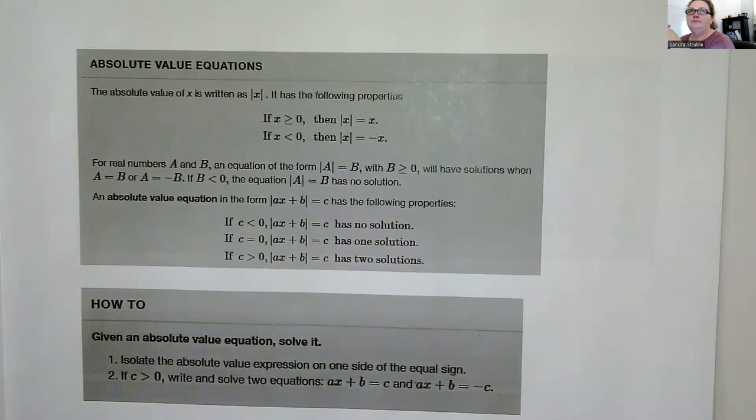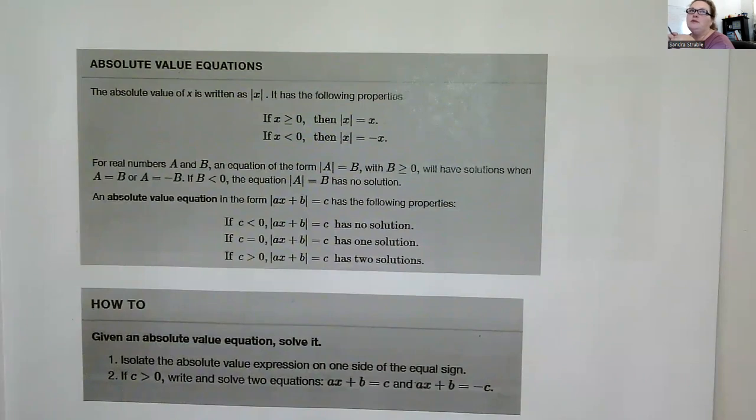If x is greater than or equal to 0, then the absolute value of x is x. If x is less than 0, so it's negative, then the absolute value of x is negative x. So the following properties are used for the absolute value equation.